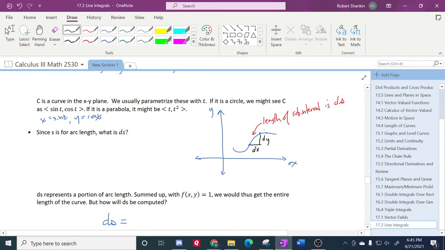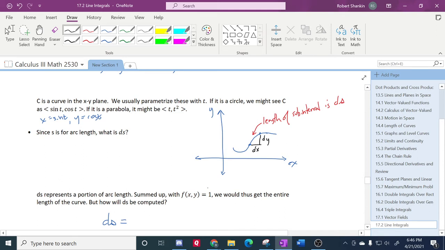And the smaller you make these, the more this becomes like a Pythagorean triangle, where ds squared is going to be dx squared plus dy squared, square rooted.